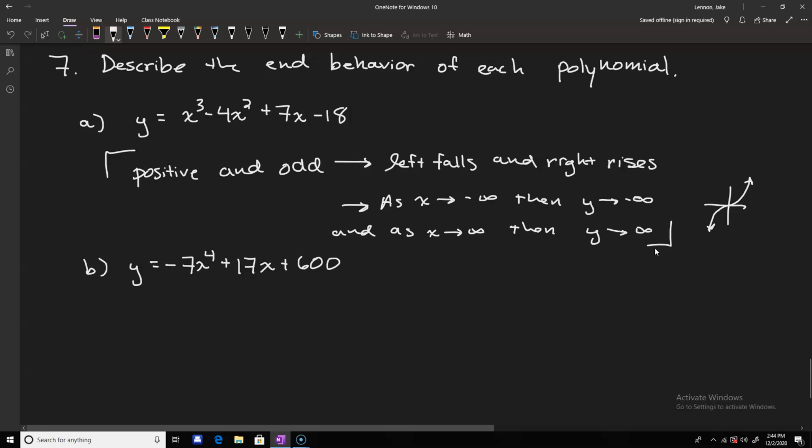Okay, what about b? For b, we're looking at this minus 7x to the 4th term. So minus 7 is negative, and 4 is even. So in this case, we are in negative and even. And what is that behavior? Well, that's both sides fall.